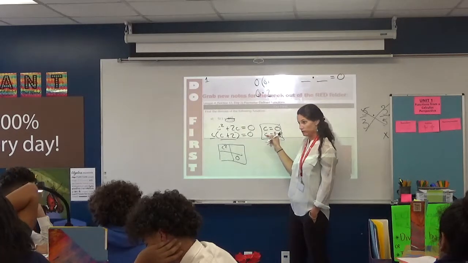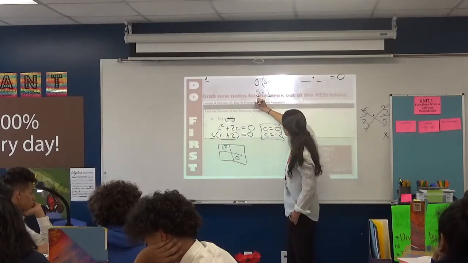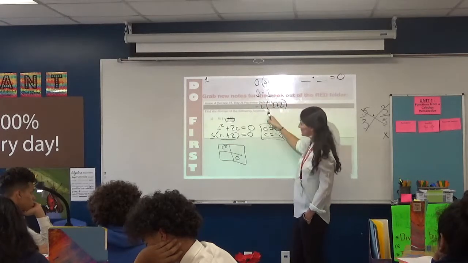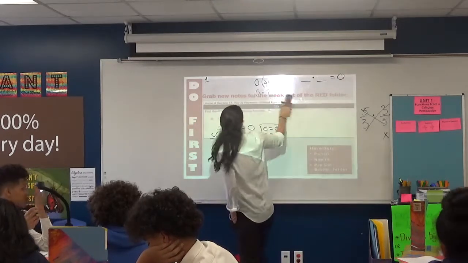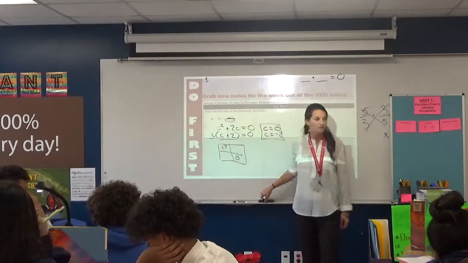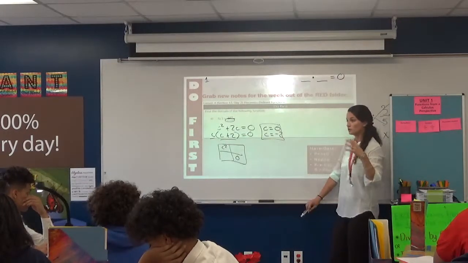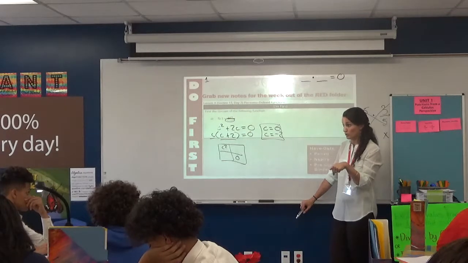So c could be 0. If this something was 0, c would be negative 2, right? Because then you'd have negative 2 times negative 2 plus 2, and this would cancel out to 0, and we'd have 0. Okay? So those are the two solutions to that equation, which means the two places where we have issues, we have 0 on the bottom. We don't want 0 on the bottom.